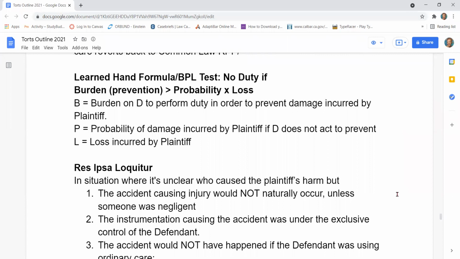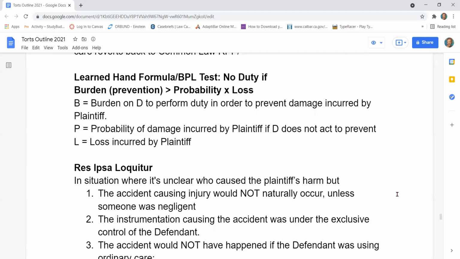The Learned Hand formula, or BPL test. There's no duty if the burden or the cost of prevention is greater than the probability times the loss.